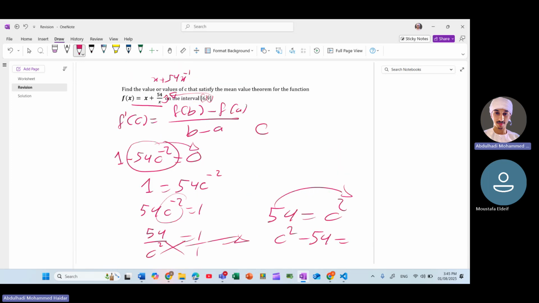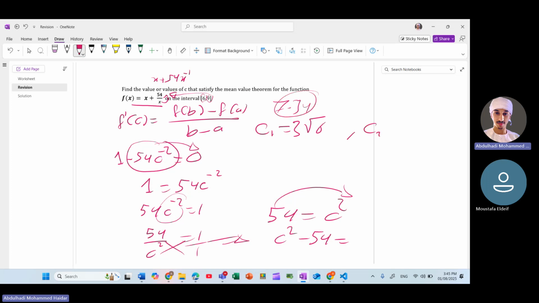These are the solutions. C1 equals 3 root 6, which is 7.330.